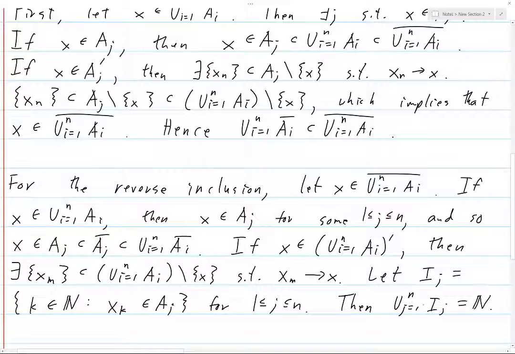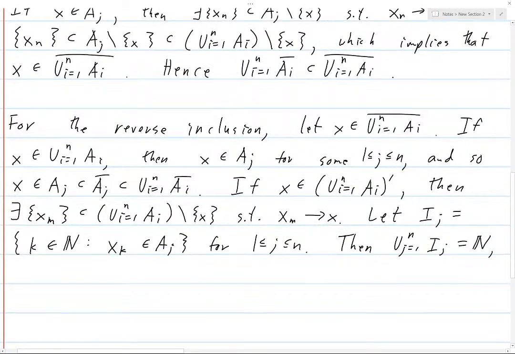Because obviously the union of the ij's is a union of sets of natural numbers, and so it's contained in the natural numbers. And every single natural number is contained in some ij by what I just was talking about. And so you have equality of these two sets.